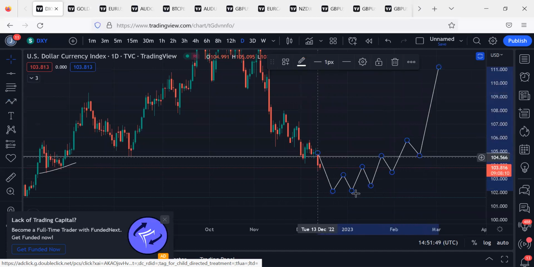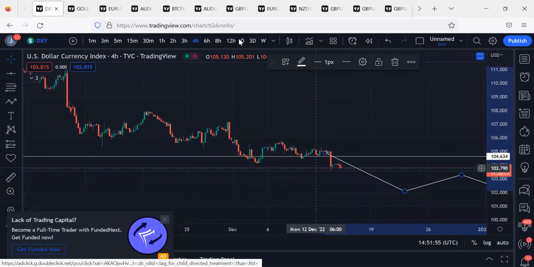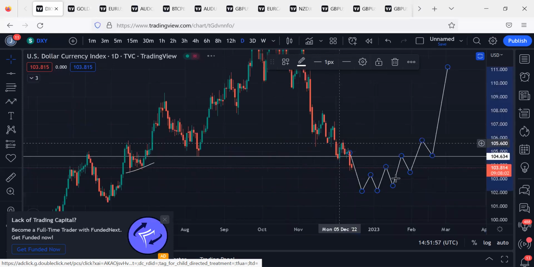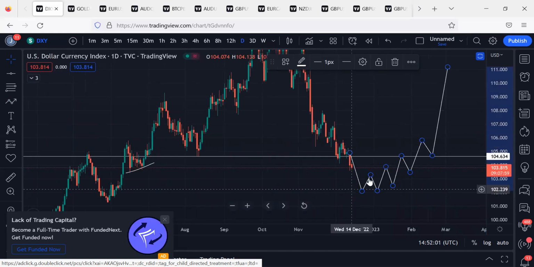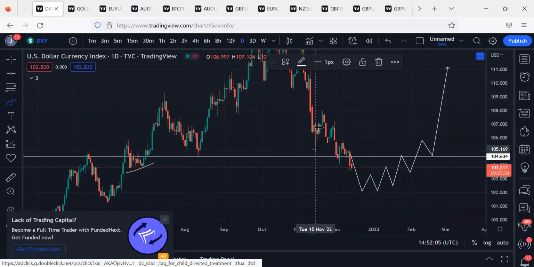Yes, this is the criteria I use on my 4 hour structure to find my reversals. Until then, we are still in a massive downtrend because, as you can see, we broke structure. These are lower low, lower high, then on that lower low again, on that lower high.